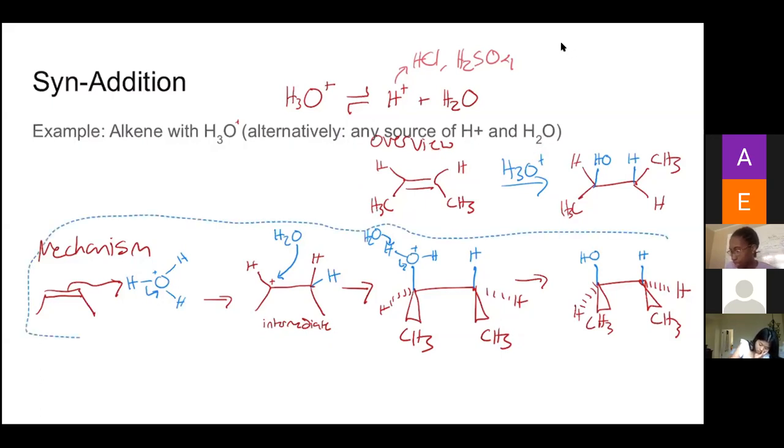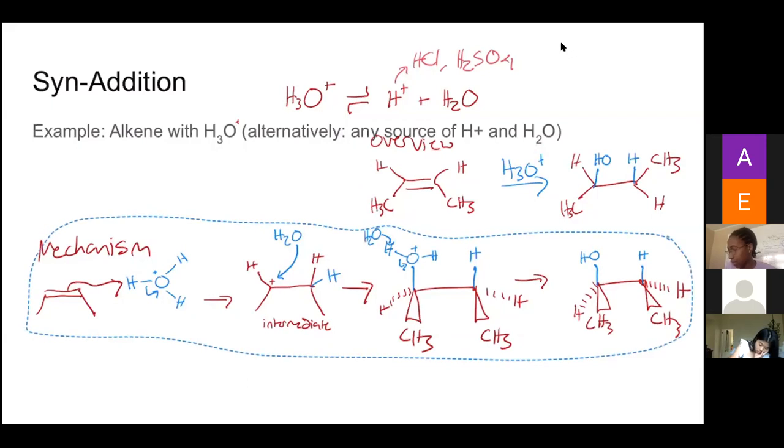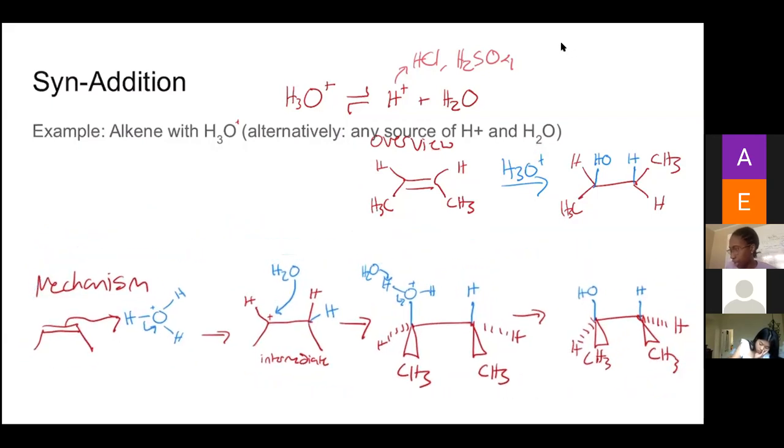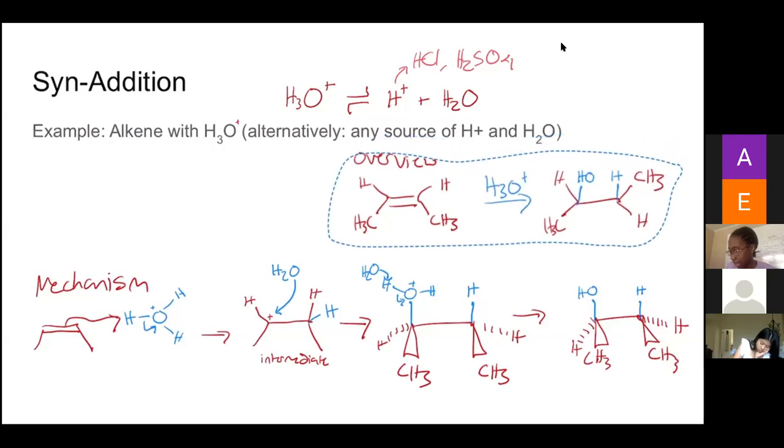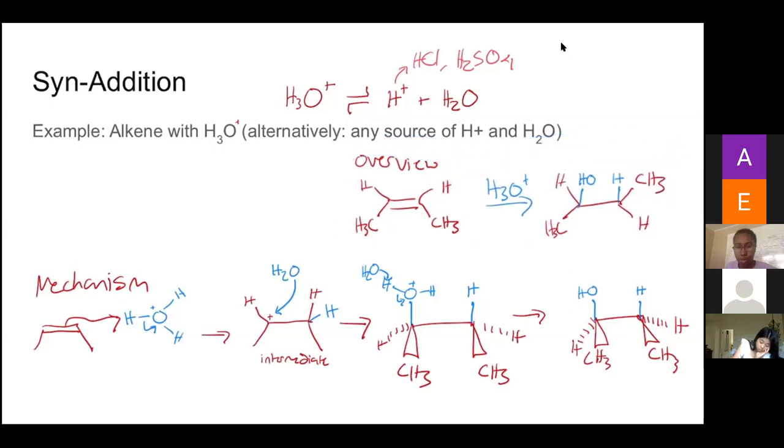Some reactions, like the previous example of Syn addition with H2 and Pd over C, didn't necessarily have a mechanism, but most reactions do. So it's important to take notes about that. There we go. Are there any questions so far? Alrighty then, I'll go ahead.